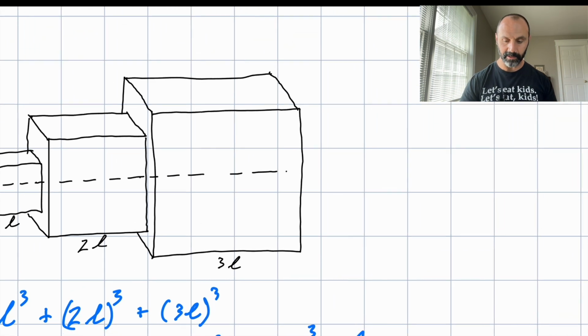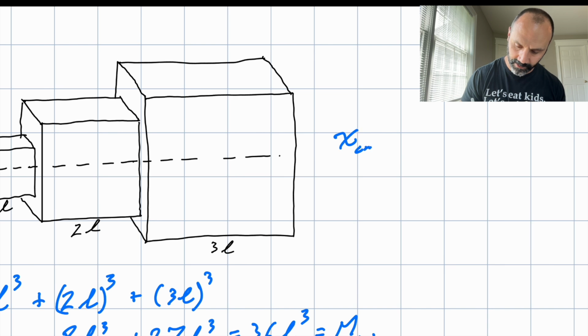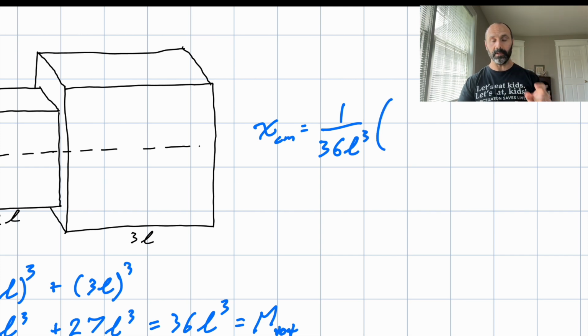All right, so now I can start writing out the formula. So X, center of mass, is 1 over M, I'm just following from the formula, so 1 over 36L cubed. Now I need to find the x coordinate and the mass of each of these cubes.